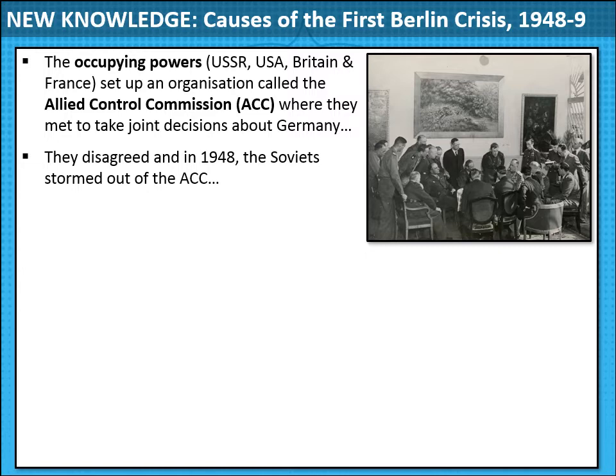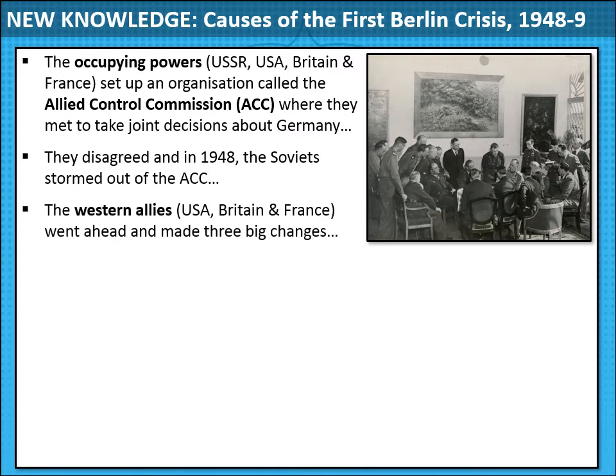And cooperation between the Allies soon broke down, so that in 1948, the Soviets stormed out of the ACC. With the Soviets gone, the Western Allies went ahead with their plans to rebuild Germany. And they made 3 big changes.